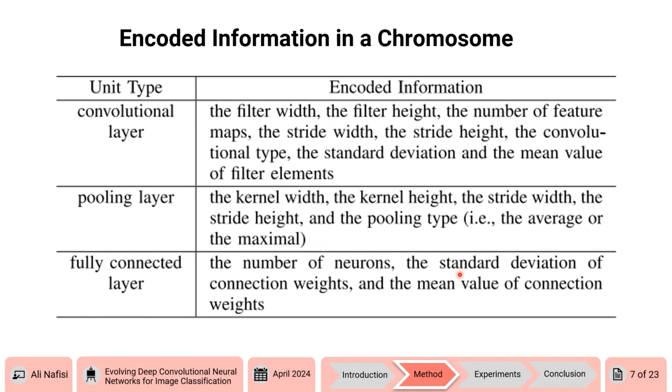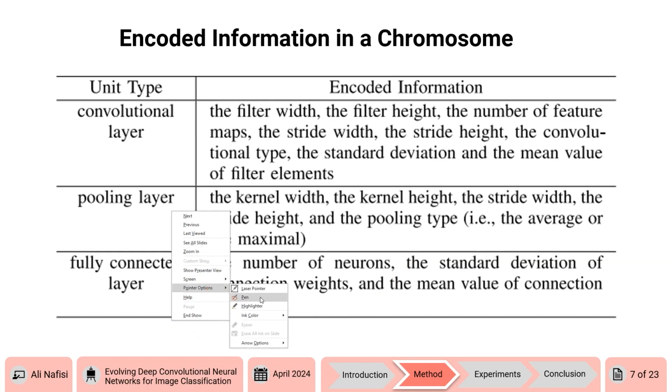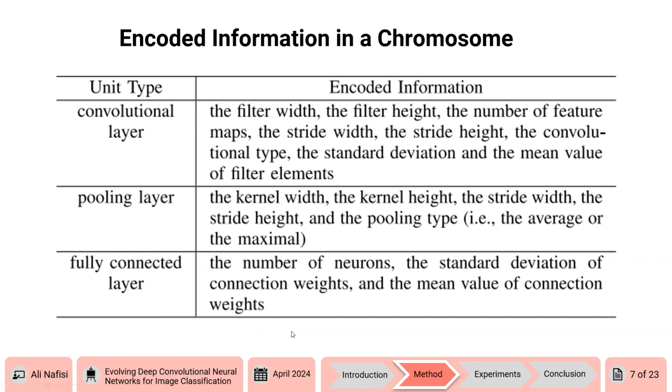Here we have some other information, like what kind of pooling layer it is. Is it average pooling or max pooling, and some other parameters like the height of the kernel. In the fully connected layer, we have the mean value and the standard deviation also. So this is the part that I said we have to pay attention to.